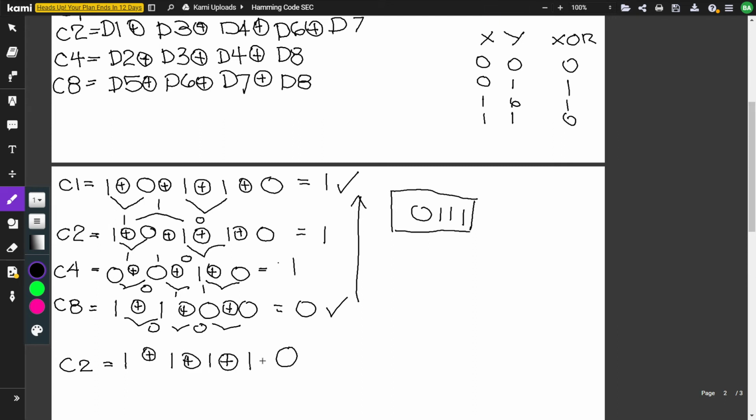Okay, and then also C4. So C4, we have D2. So D2 is 0. And then D3 is 0. Let's make it into 1 since that's the error. And then for 4 and 8 we have 1, 0.